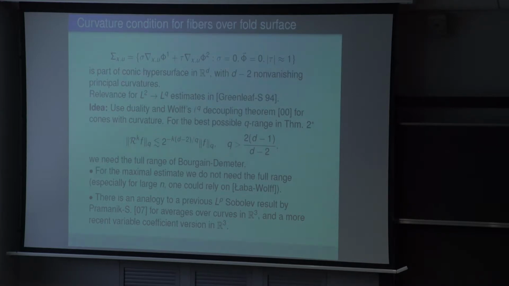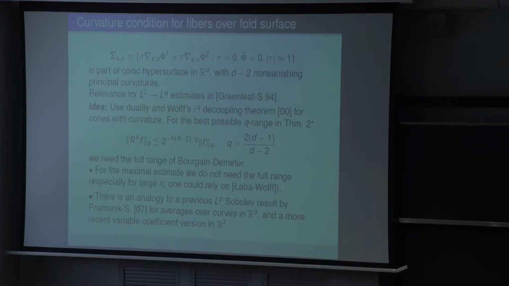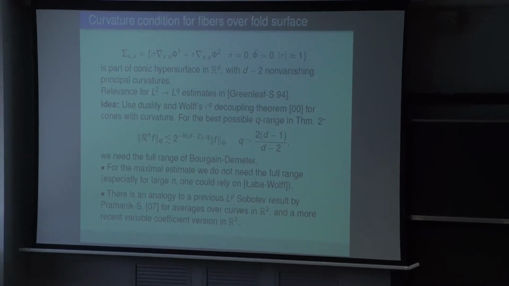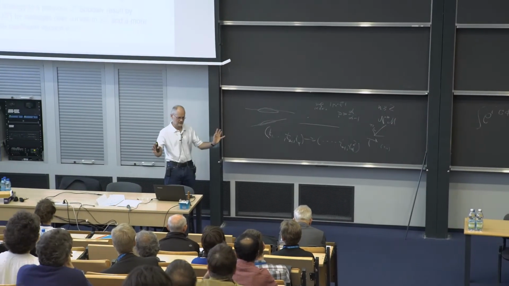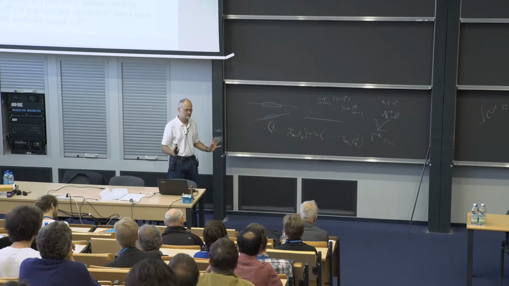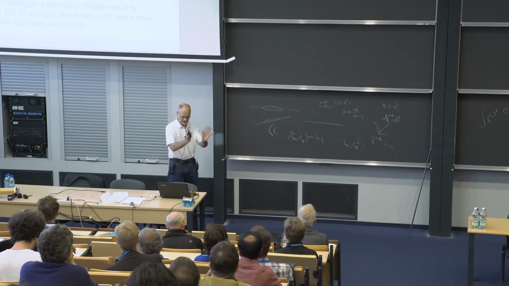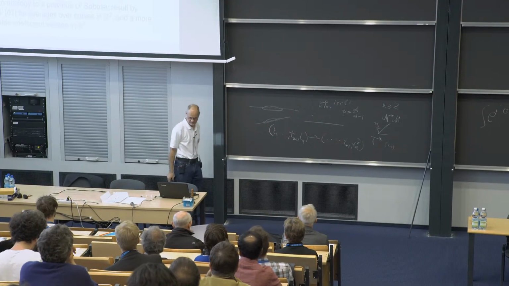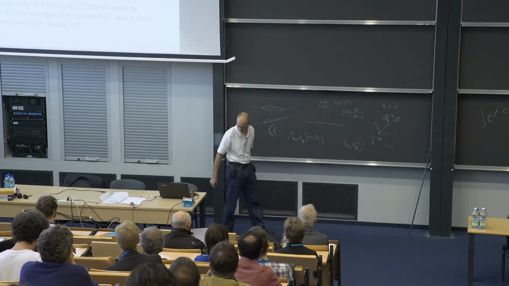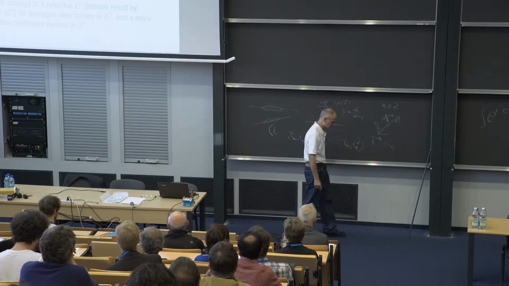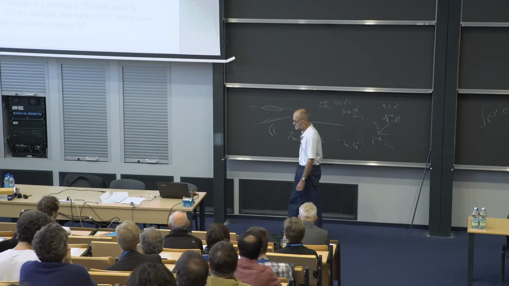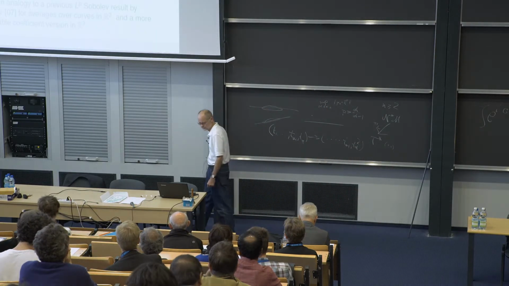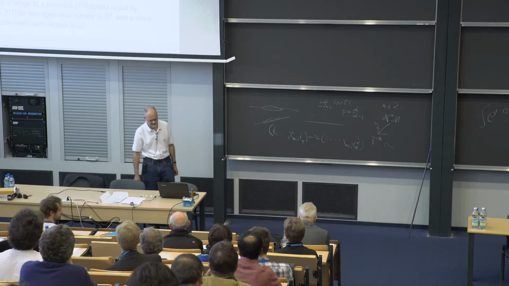What we get there is a cone, and if this cone has curvature, we look at this cone over the points where the rotational curvature degenerates, where it's 0, and then we get a conic hypersurface, and if this hypersurface has curvature, then we expect some improvement. So we at the time proved some sharp L2 to LQ estimates.